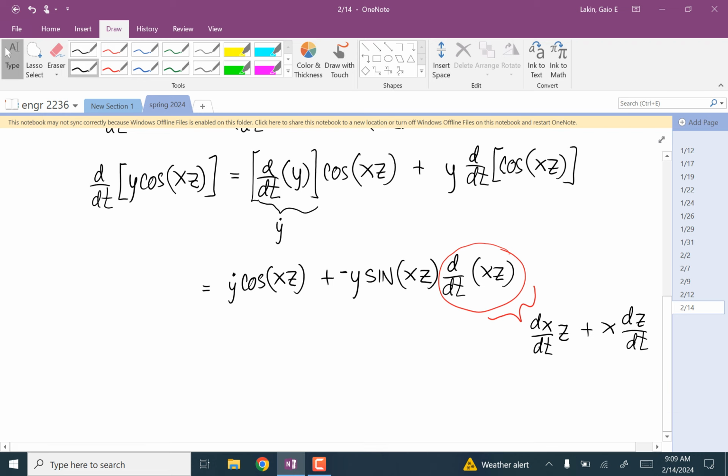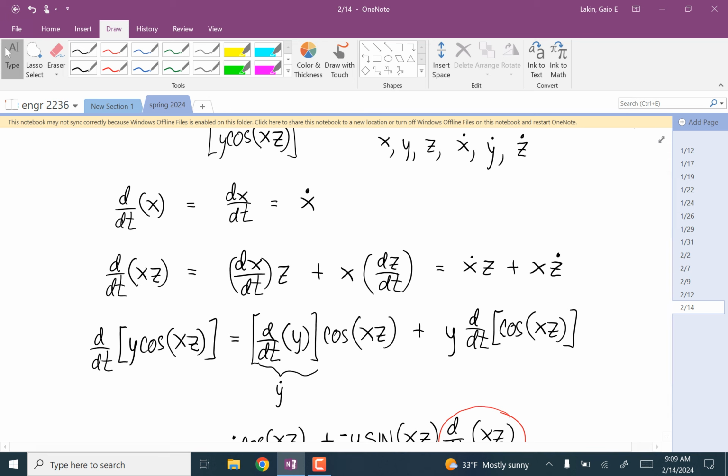And so altogether, this third component comes out to be y dot cosine of xz minus y times the quantity x dot z plus x z dot times sine of x z. Okay.